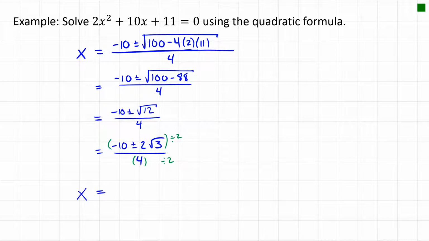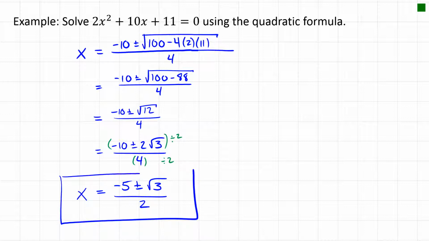So you have to make sure to divide both terms in the numerator by 2. So that would be 10 divided by 2 is negative 5, plus or minus 2 root 3 divided by 2 is just root 3. And then 4 divided by 2 is 2. And that's as simple as it gets, because I have negative 5 plus or minus square root of 3, so that can't be combined, and there's no more common factors, so there's no more simplification to do fraction-wise.